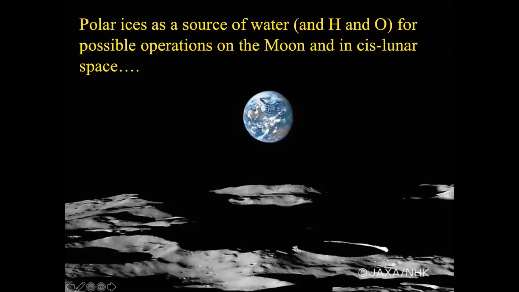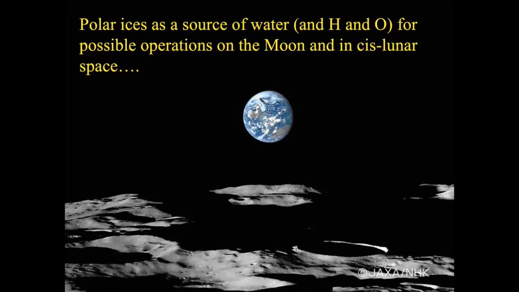The moon also has its own volatile resources. This is a beautiful picture taken by the Japanese Kaguya spacecraft about a decade ago now, flying over the far side of the moon. Large craters. This is the crater Shackleton here, at the lunar South Pole. It's a 20-kilometer diameter impact crater.